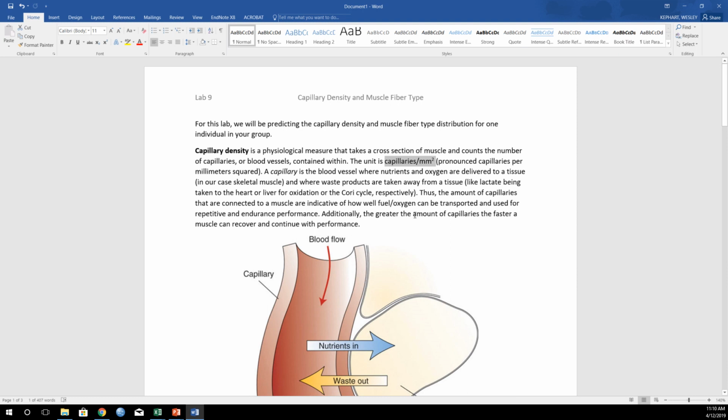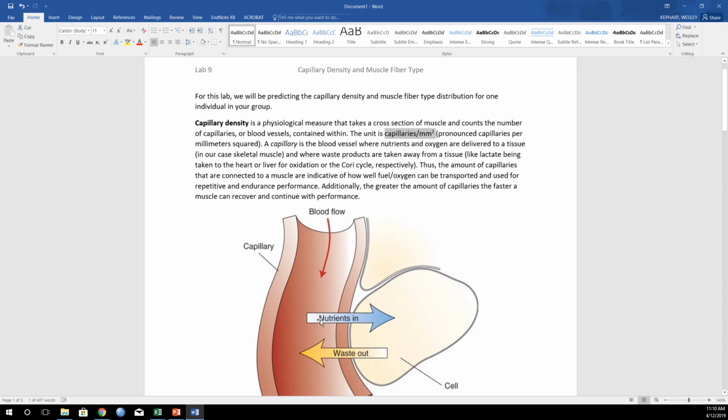Another thing, if you don't know, a capillary is a blood vessel where nutrients and oxygen are delivered to a tissue and where waste products are taken away from that same tissue. So in our case, skeletal muscle is what we're really interested in. Here we can get nutrients in.